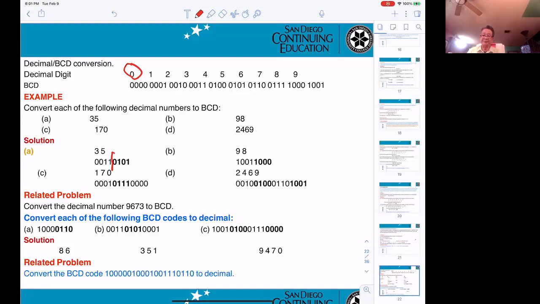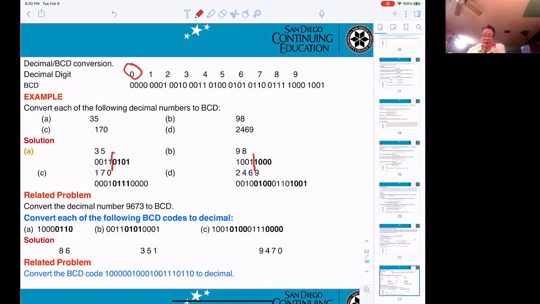That's very easy. And they give you number 98. So number 9 will be 1001, and number 8 is 1000.